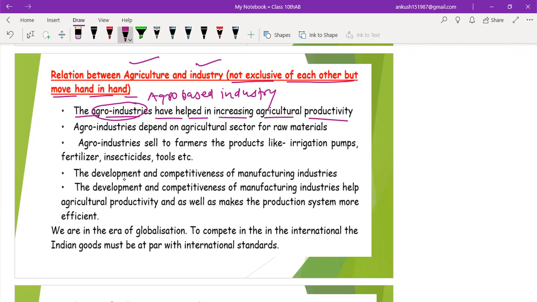It has increased there, and by using some mechanized way of the equipment, the agricultural productivity has been increased. First thing means there is direct relationship between the agriculture and the industry, as agriculture provides, what does it provide?